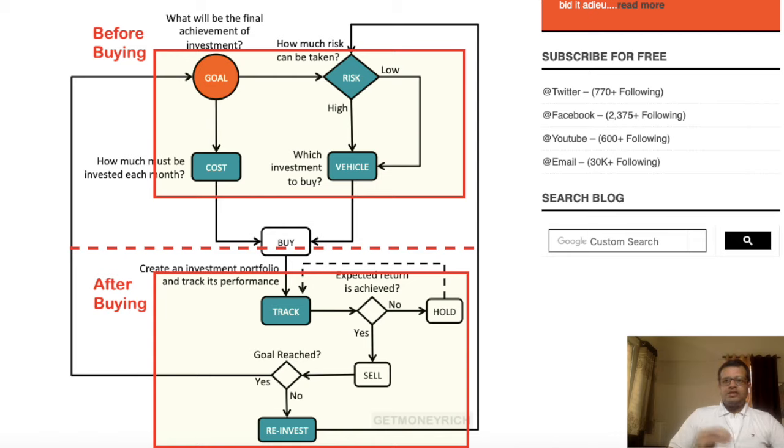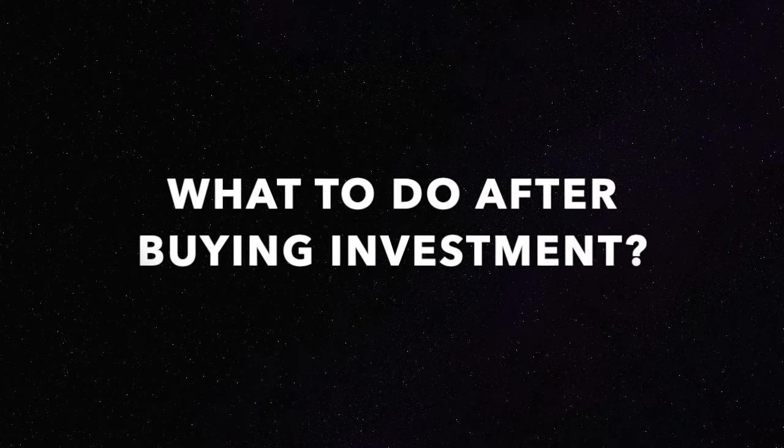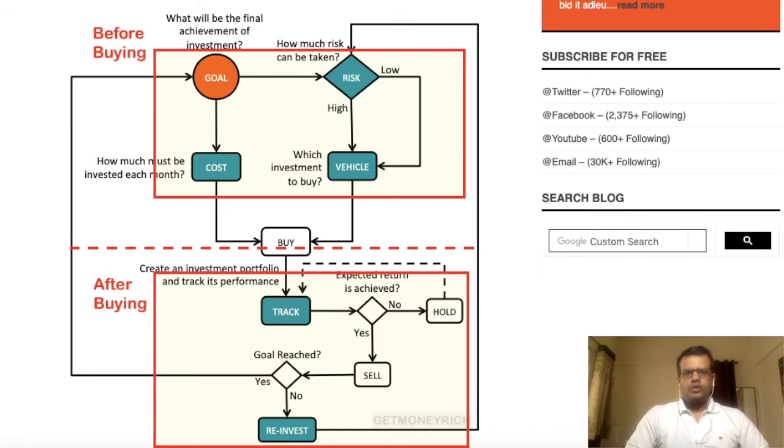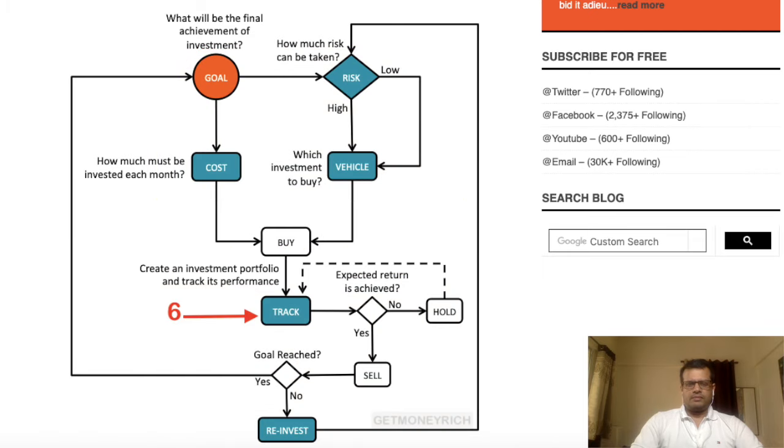Now let's look at the steps that one must take care of after one has bought the investment. So what do we have to do after we have bought the investment? The next step after buying the investment is tracking.